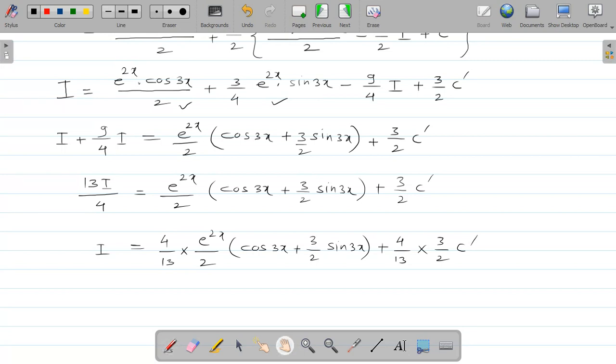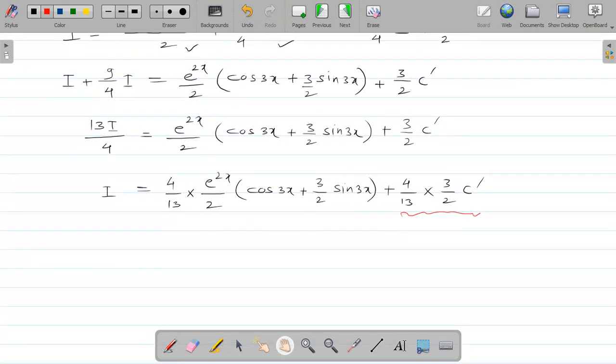Now in place of this constant you can write c. Okay, but what about this? You will get 2 upon 13 e raised to 2x into bracket cos 3x plus 3 by 2 into sin 3x plus the constant c. So this is the final answer. You can keep this as the final answer.